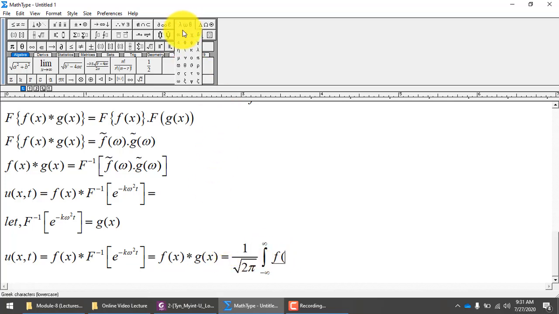Tau is a new variable. Okay, you can use any variable, but classically in the books tau is used. f of tau, g of x minus tau. If you remember from the previous semester, we had g of t minus tau, d tau, because there was only the Laplace transform. So this is the definition of convolution.